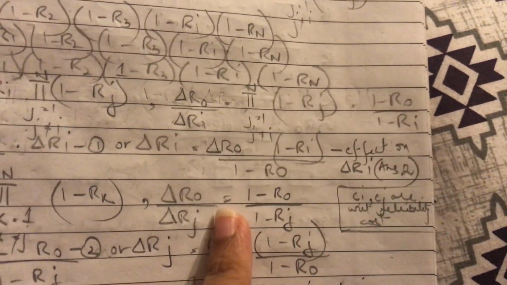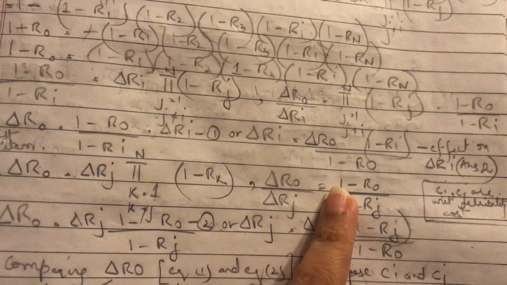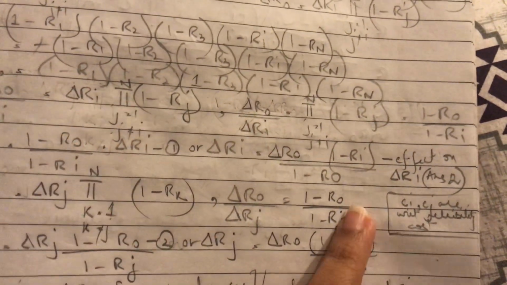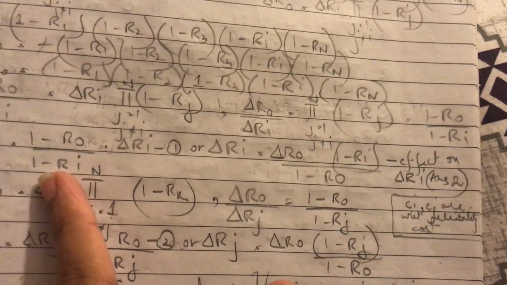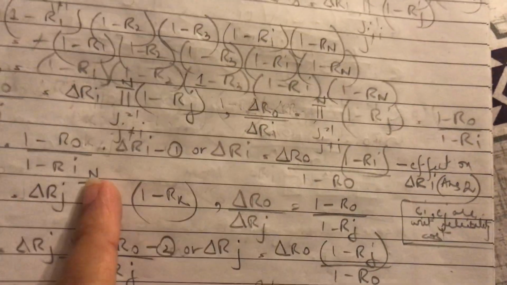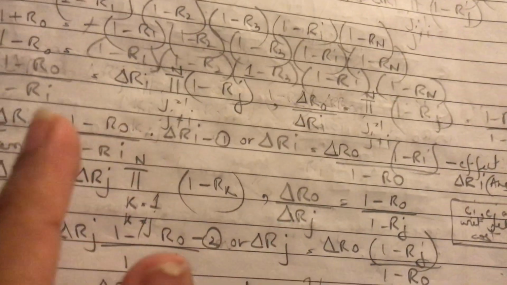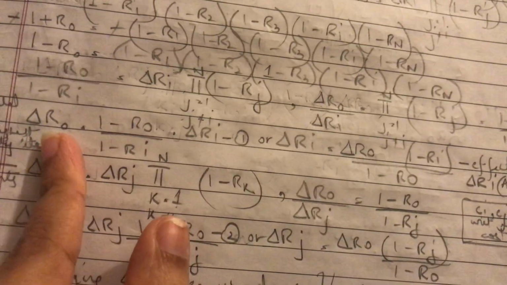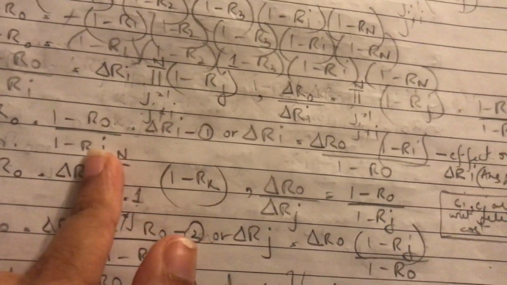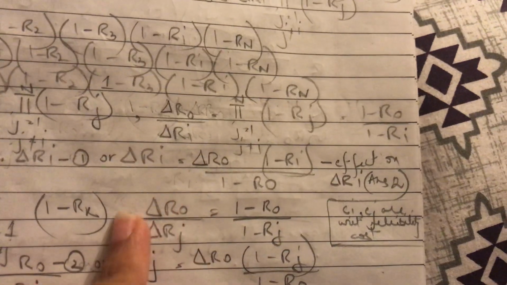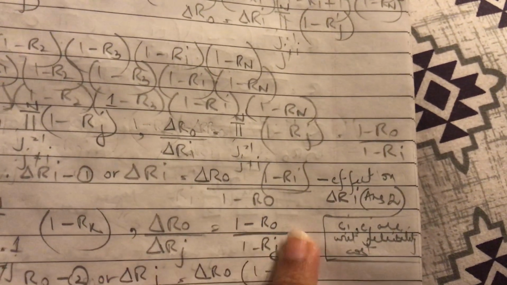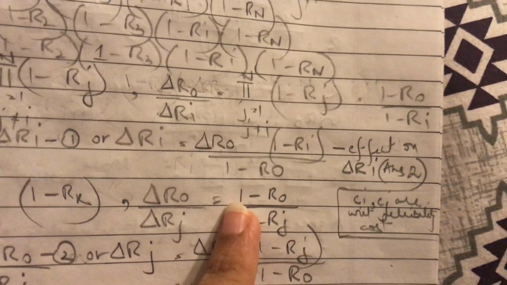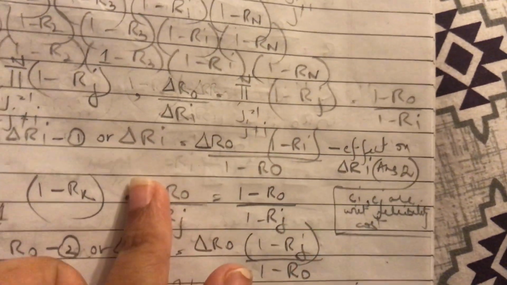Now we are talking about delta Rj, so now the equation would be R0, 1 minus R0 will remain the same, and in the denominator, in the above one when we were talking about delta Ri, it was 1 minus Ri, and now we are talking about delta Rj, so it is 1 minus Rj in the denominator. Okay, so same thing is happening.